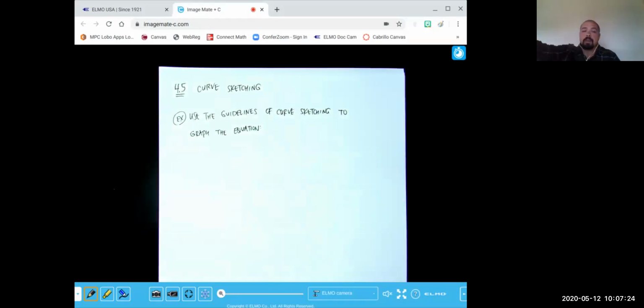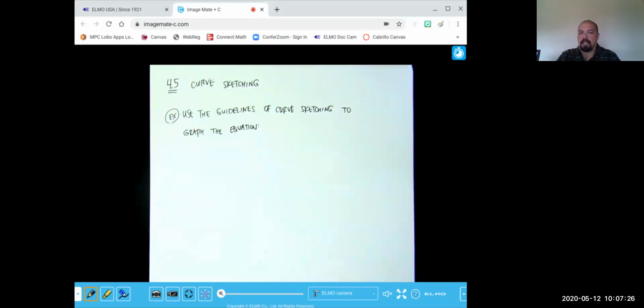In this problem, I'm going to zoom in a little bit, get that writing a little bit darker. All right, but let's look at this problem.